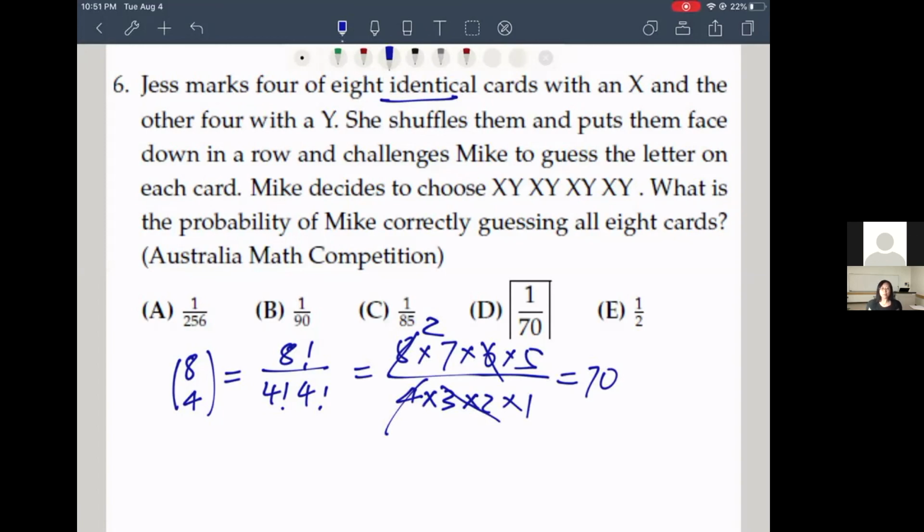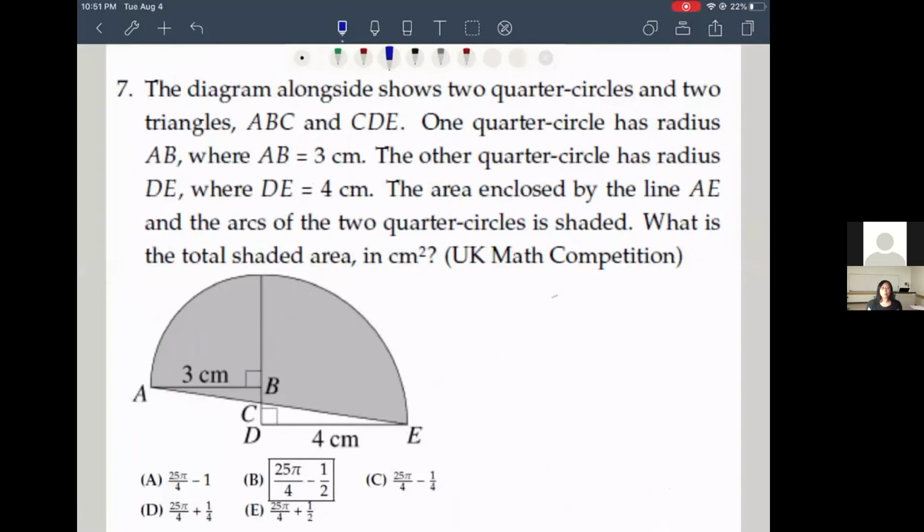Let's look at the next problem. Problem 7. The diagram alongside shows 2 quarter circles. One has radius 3, the other has radius 4. We want to know the shaded area. Okay, so let's do the easy part first, right?